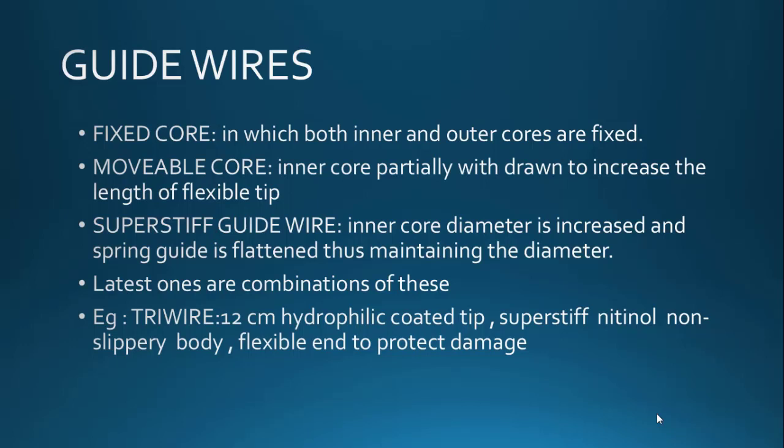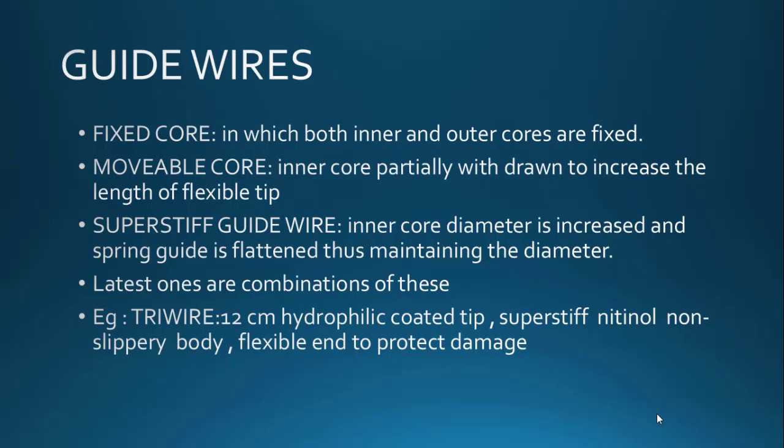Guide wires can have a fixed core, in which both inner and outer cores are fixed, or a movable core, in which the inner core is partially withdrawn to increase the length of the flexible outer tip. There is a super stiff guide wire in which the inner core diameter is increased and the spring guide is flattened, thus maintaining the diameter.